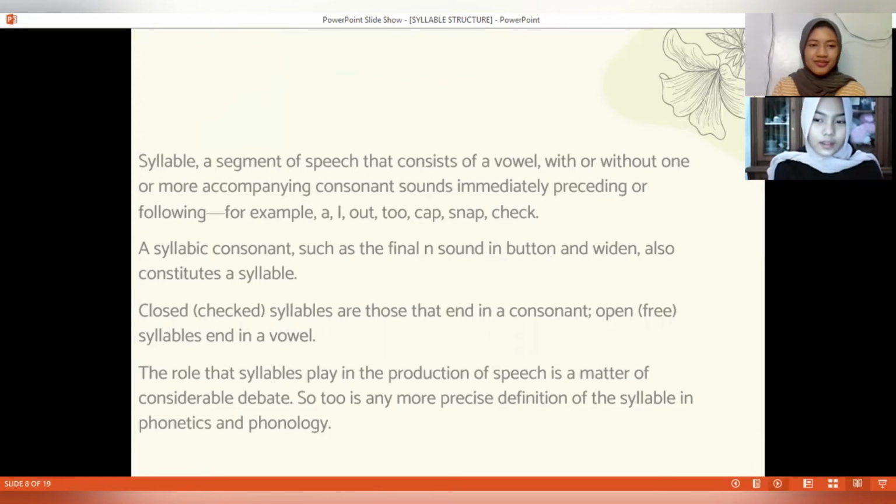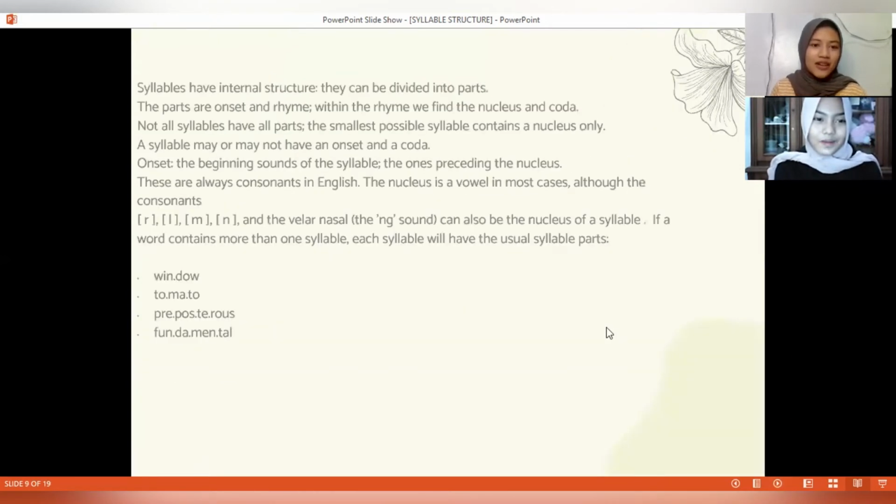Next. Syllables have internal structure. They can be divided into parts. The parts are onset and rhyme. Within the rhyme, we find the nucleus and coda. Not all syllables have all parts. The smallest possible syllable contains a nucleus only. A syllable may or may not have an onset and a coda.